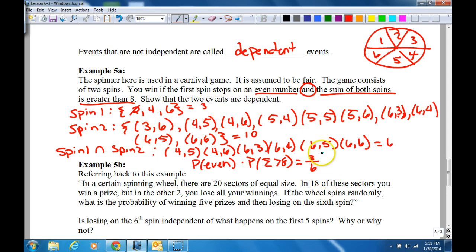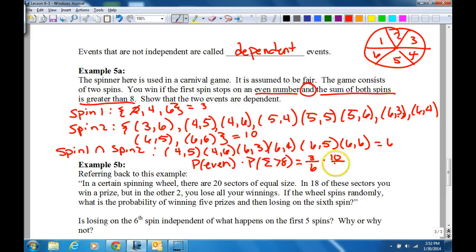The probability of it being greater than 8, how many did we have? 10 out of what? Wait, where did you get 36 from? Right here. Where is that 3 coming from? Because there's 2, 4, and 6. Yeah, but 2 doesn't count. Well, I was just using that for later on because it doesn't add up to be greater than 8. 36. Is that okay?